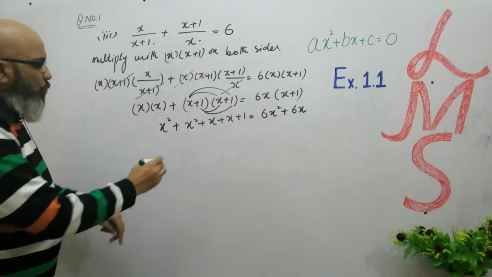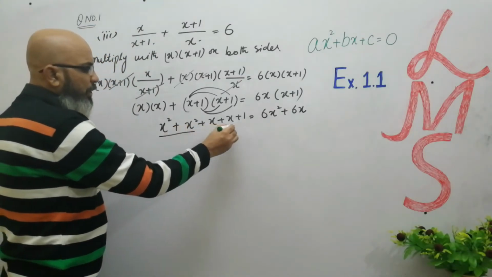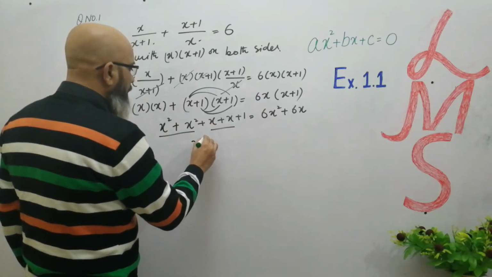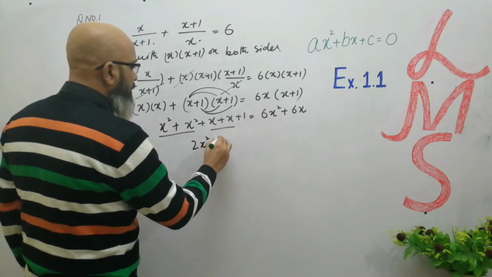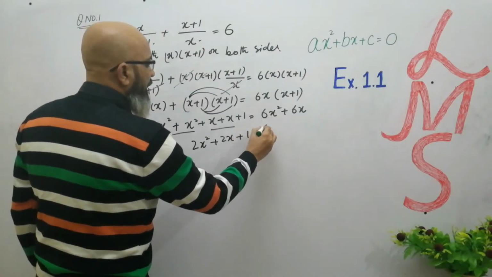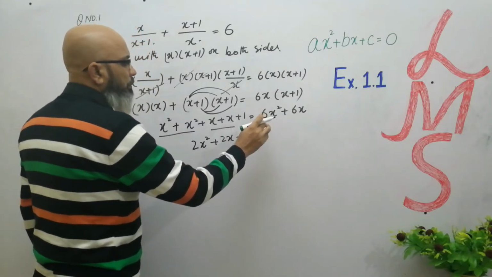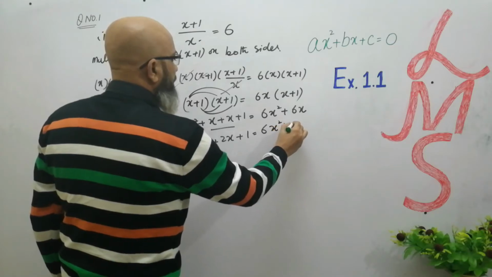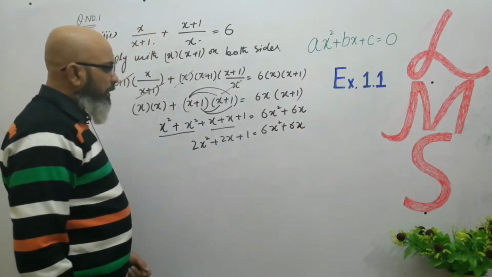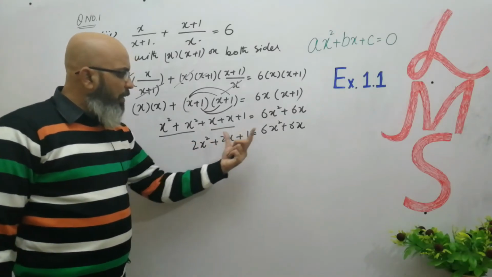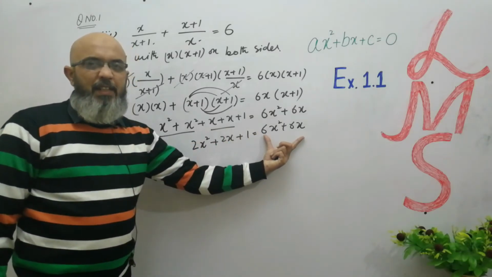Now these two are the like terms, so add these two, we will get 2x square plus 2x plus 1 is equal to 6x square plus 6x. Now if you look on the left hand side we have 2x square, on the right hand side we have 6x square.